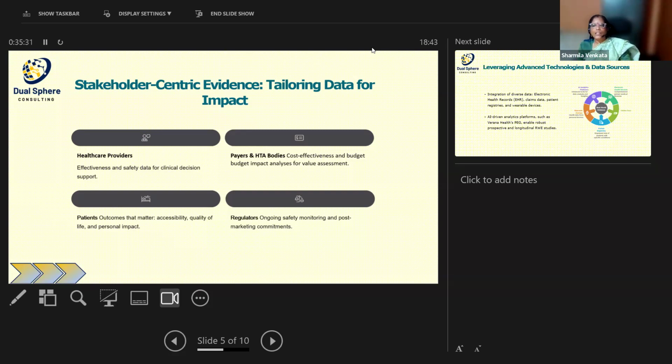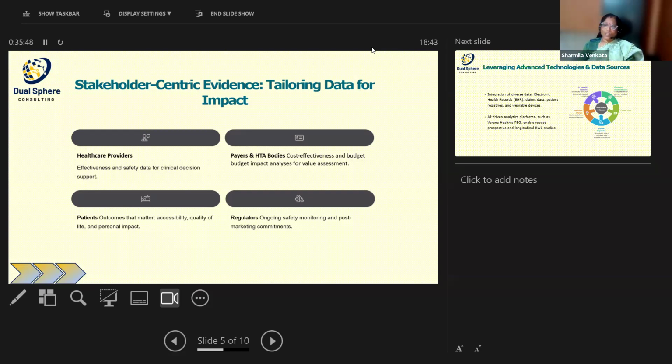And when it comes to an asthma inhaler, providers want comparative lung function data, and again payers want economic data. Patients want portability and ease of use, and regulators want safety over the long term.